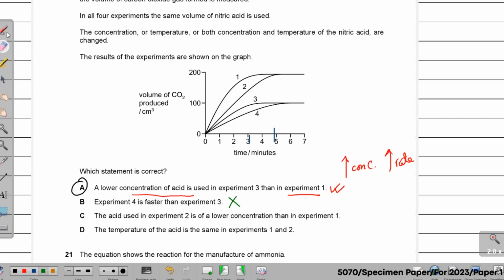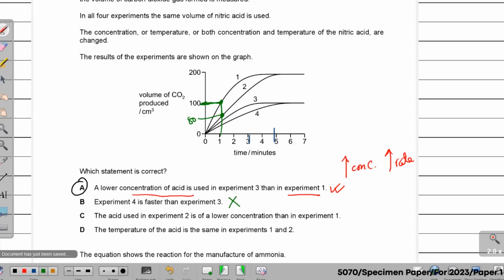Next, for option C, the acid used in experiment 2 is of a lower concentration than that of 1. So let's see. We can see that definitely 2 has a lower rate than graph 1.